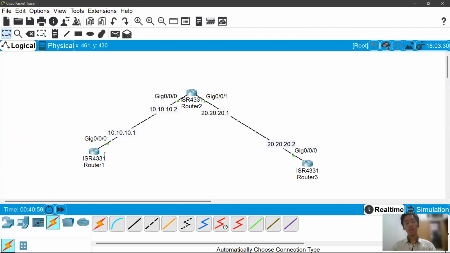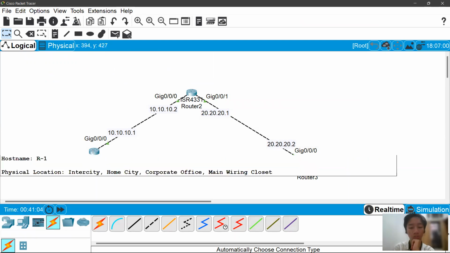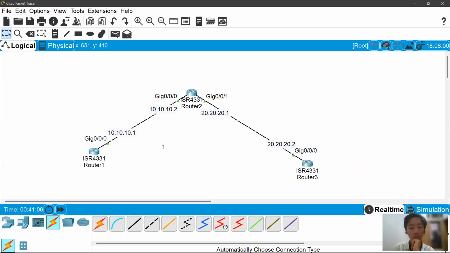Okay, if router 1 wants to connect to the network 20.0, the gateway is 10.10.10.2.